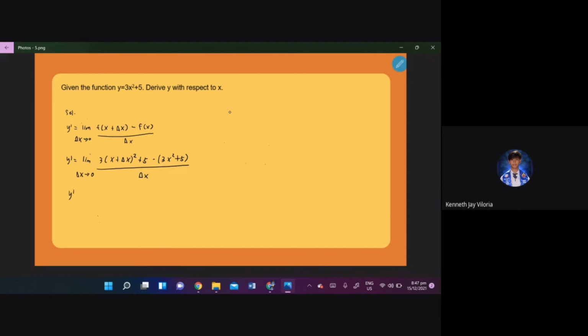Next step is to combine like terms. y prime is equal to the limit of 3x squared plus 6x change in x plus 3 change in x squared plus 5 minus 3x squared minus 5, all over change in x, as change in x approaches 0.